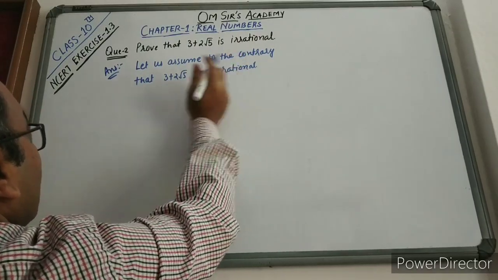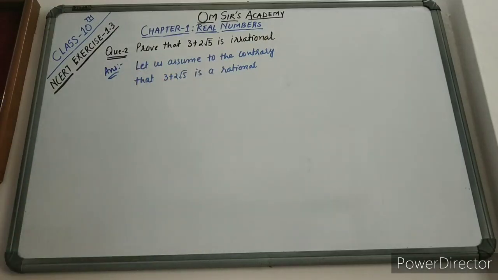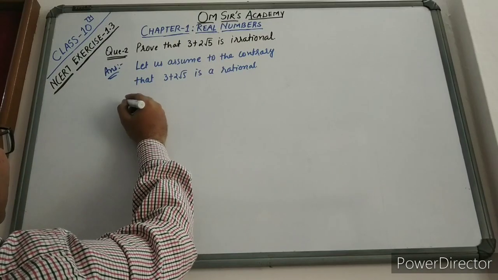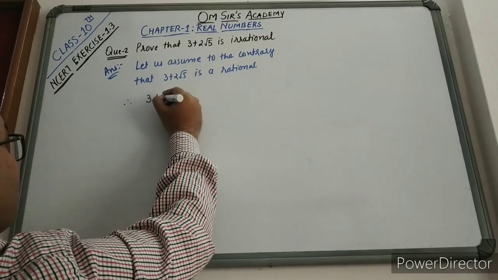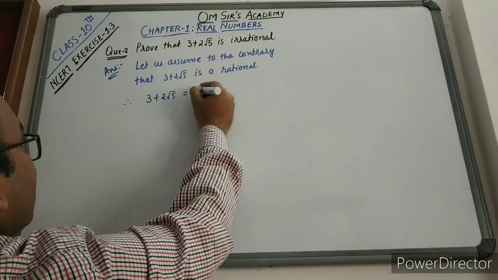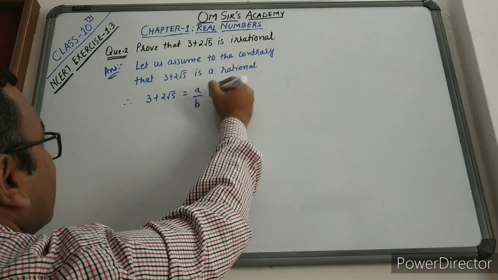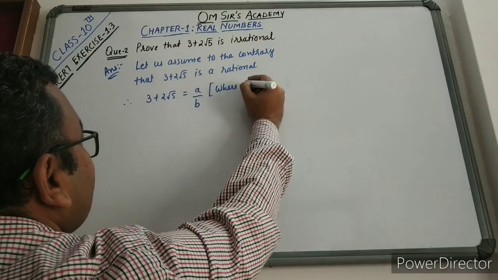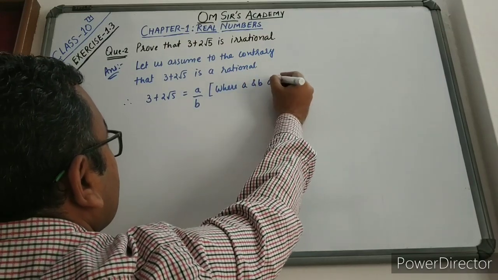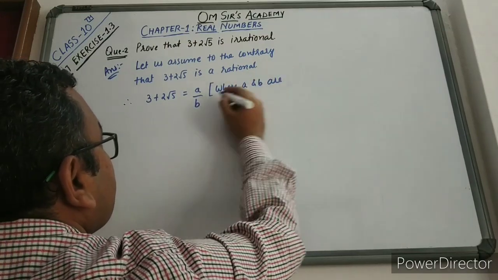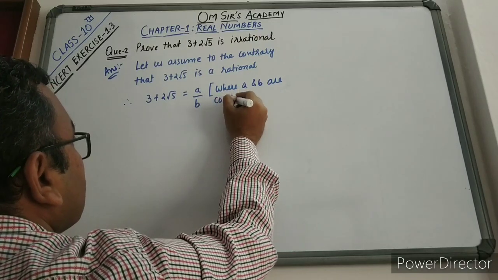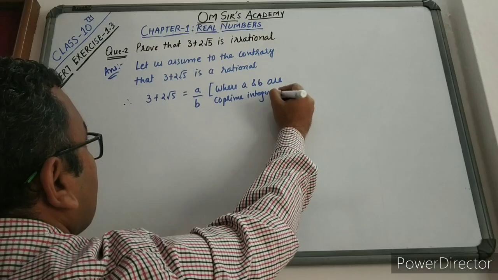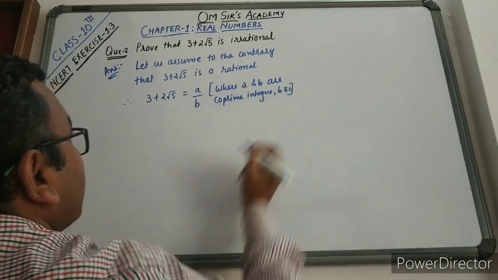Okay, the opposite we first assumed, that 3 plus 2 root 5 is a rational number. So therefore we can write 3 plus 2 root 5 is equal to a upon b. Okay, it is a rational number so we can write it in a upon b form, where a and b are co-prime integers and b is not equal to 0.